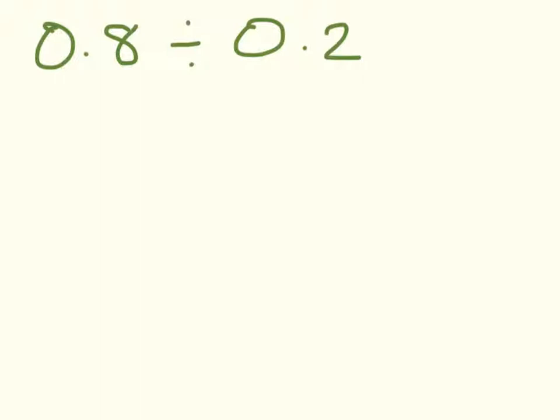What we're really asking is how many 2/10 are there in 8/10. You could use a number line to represent this if you wish, but we can also use our knowledge of fractions. We can rewrite this problem as 8/10 divided by 2/10.